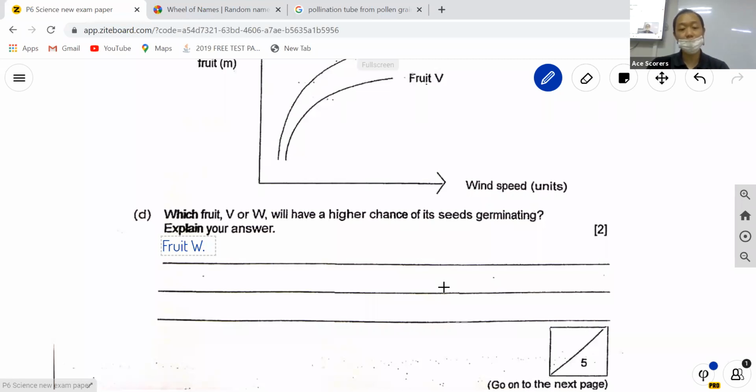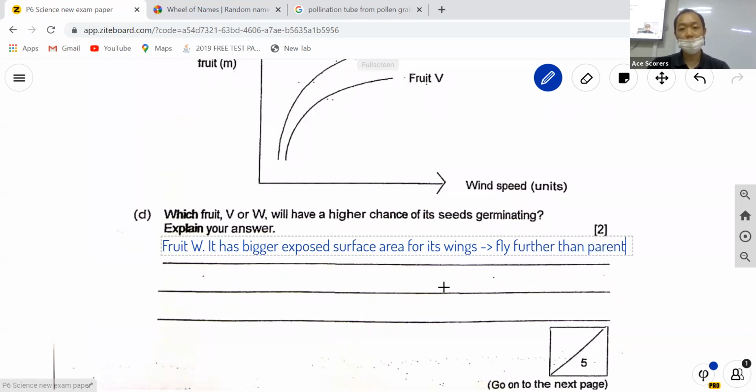So she started off with, I'm going to write in point form, it has bigger wings, or bigger exposed surface area for its wings. Therefore it will fly further from the parent plant. Now if it flies further from the parent plant, what happens?